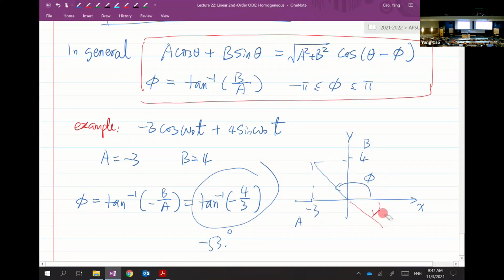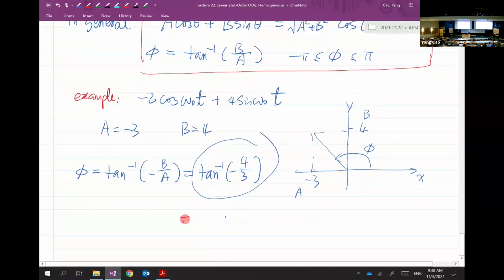So you cannot trust your calculator completely. In this kind of question, you have to label it: A is the term associated with cosine, and B is the term associated with sine. Then you can find the phi angle properly.